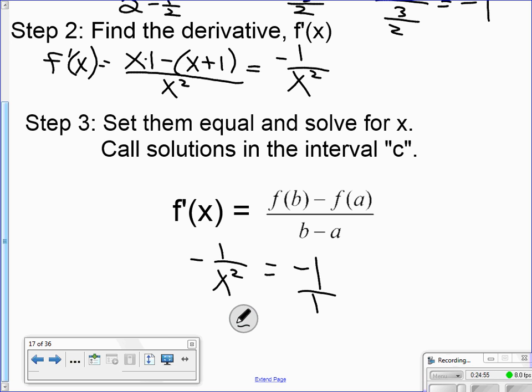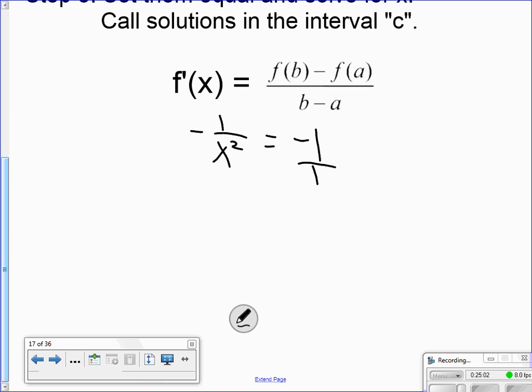In other words, write it with a denominator. All right, so what do we got now? So negative x squared equals negative 1. Divide by negative 1, multiply by negative 1, whatever you want to do. So x squared equals 1, and so x equals plus or minus 1.